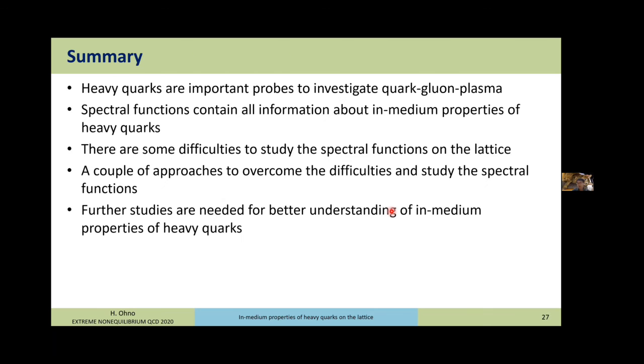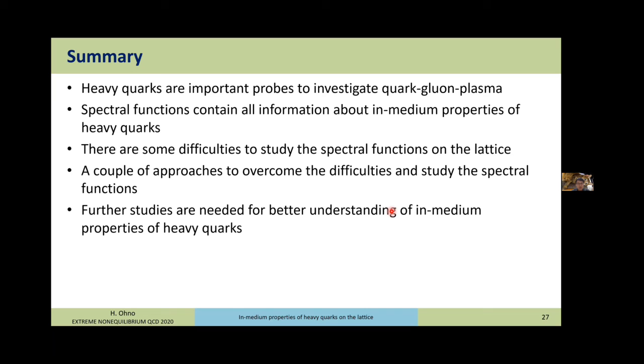Okay, so let me summarize my talk. Heavy quarks are a very important probe to investigate quark-gluon plasma, and especially the spectral functions contain all information about the medium properties of heavy quarks. So it is very important to investigate spectral functions from the theory side or maybe from lattice calculations.